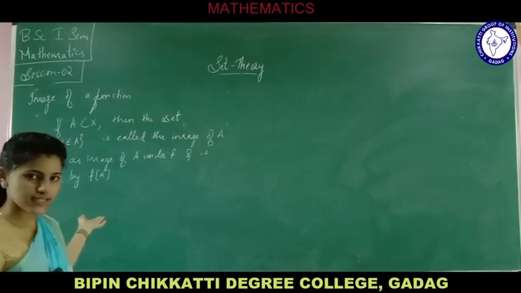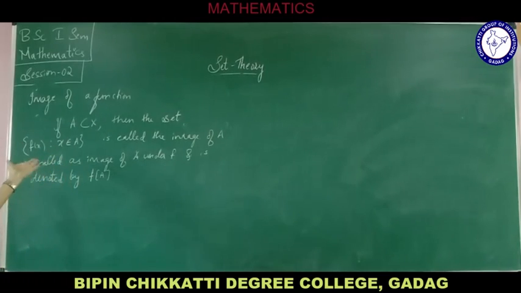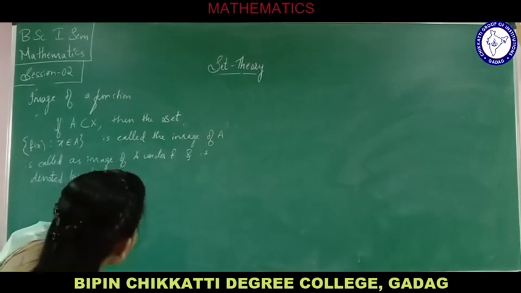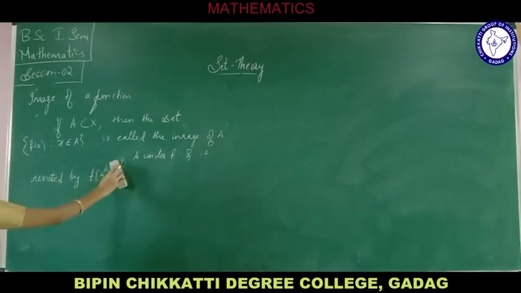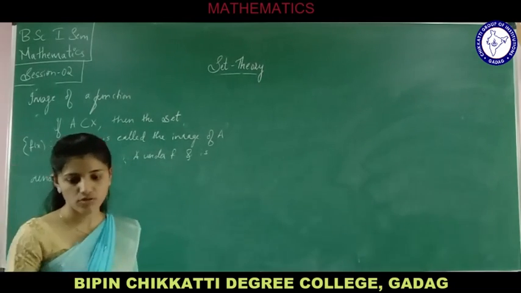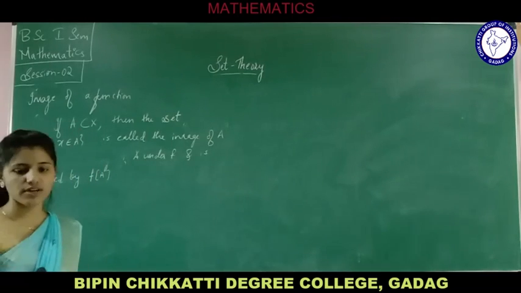If A is any subset of X, then the set of f of x such that x belongs to A is called the image of A under F and is denoted by F of A. Next, we are going to study the inverse image of A. This was the image of a function.